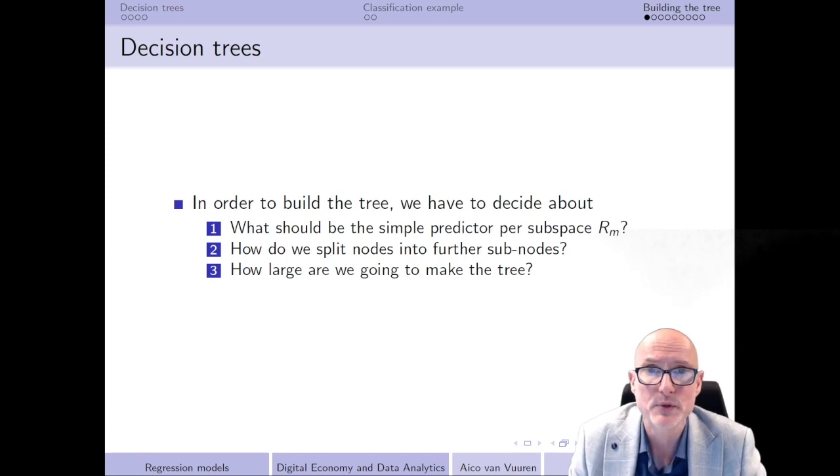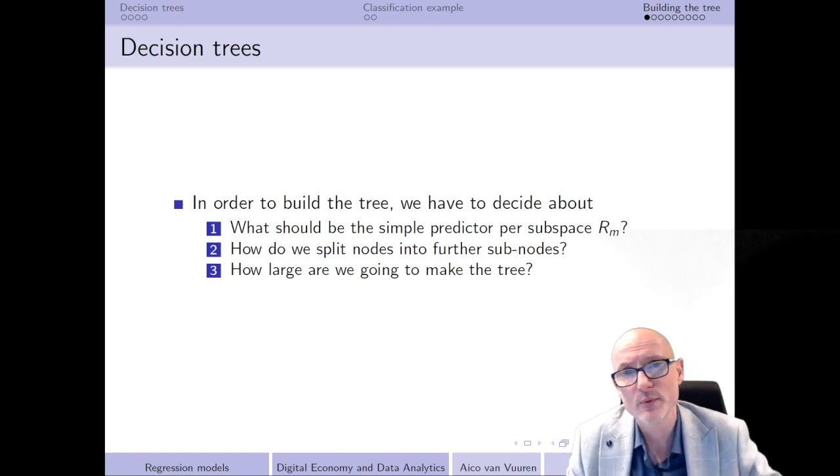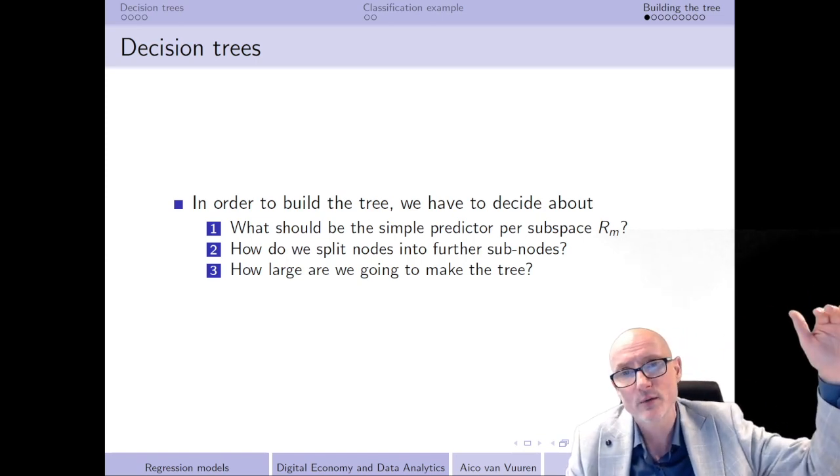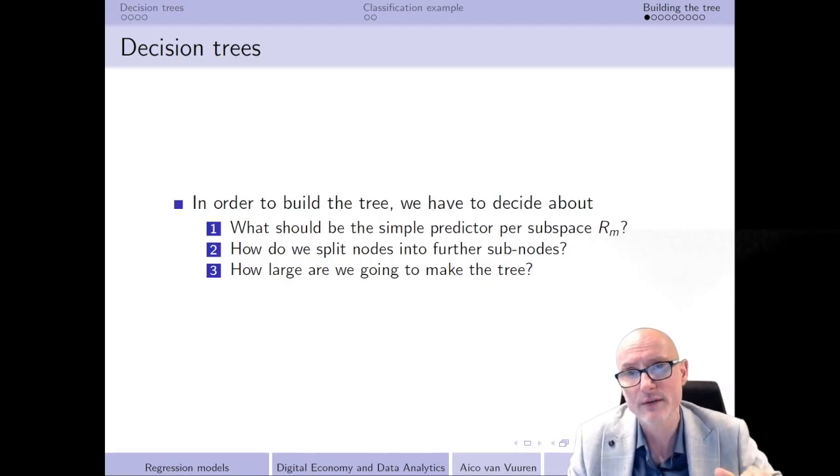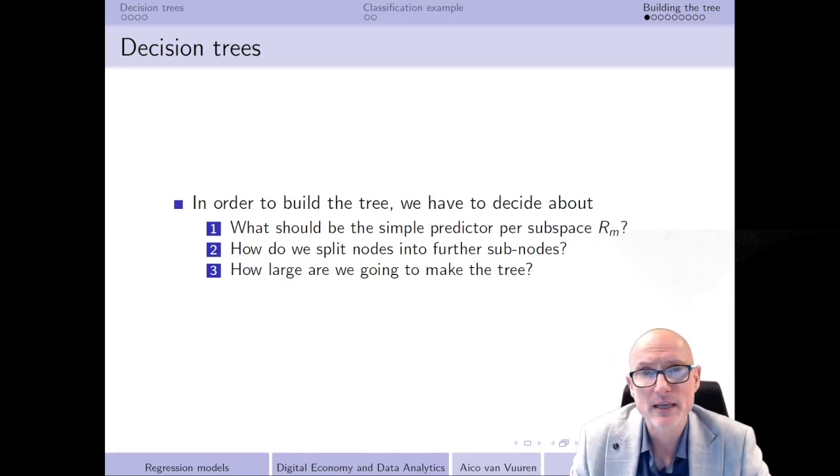What we could simply do is start with a tree of a layer equal to 1, then go on to a layer equal to 2, 3, 4, 5, etc. Based on that, we can do either cross-validation or use a validation sample to calculate either the cross-validation risk or the validation risk itself.